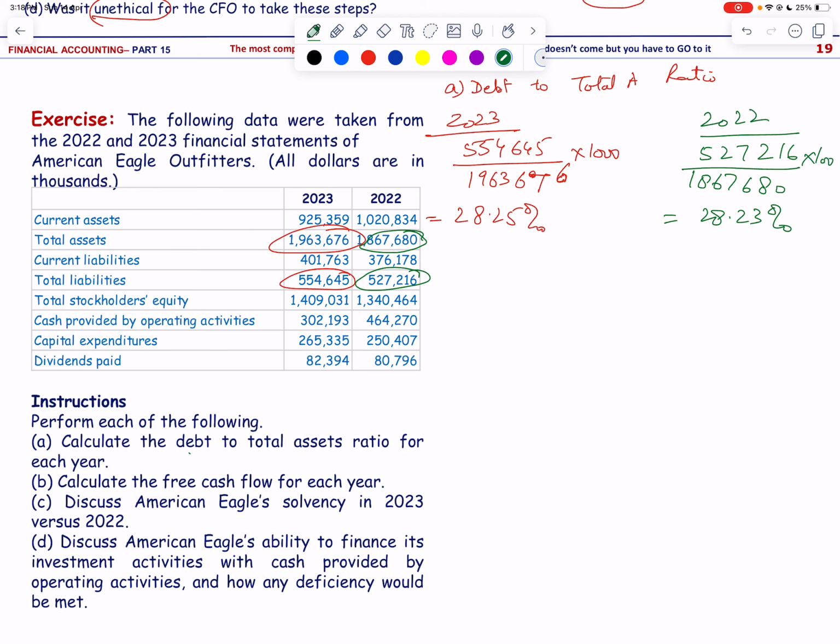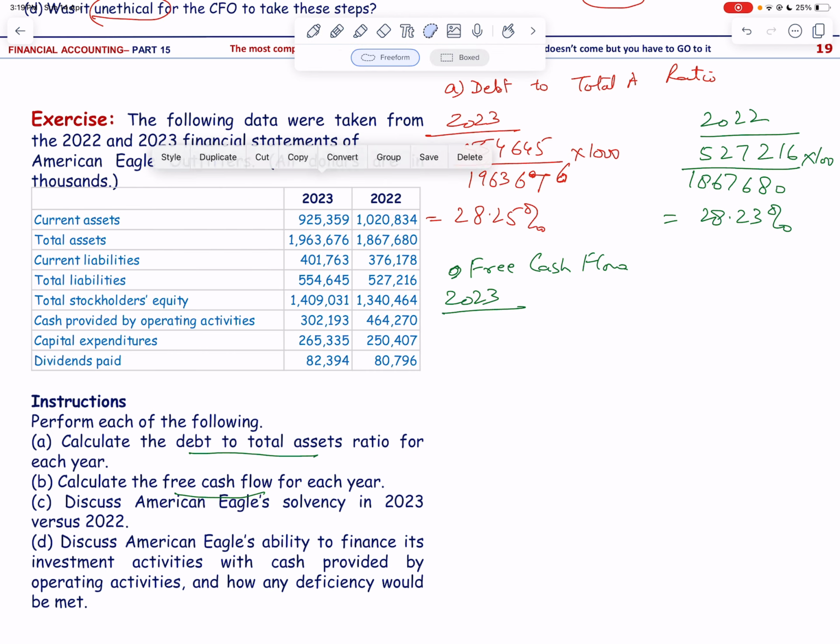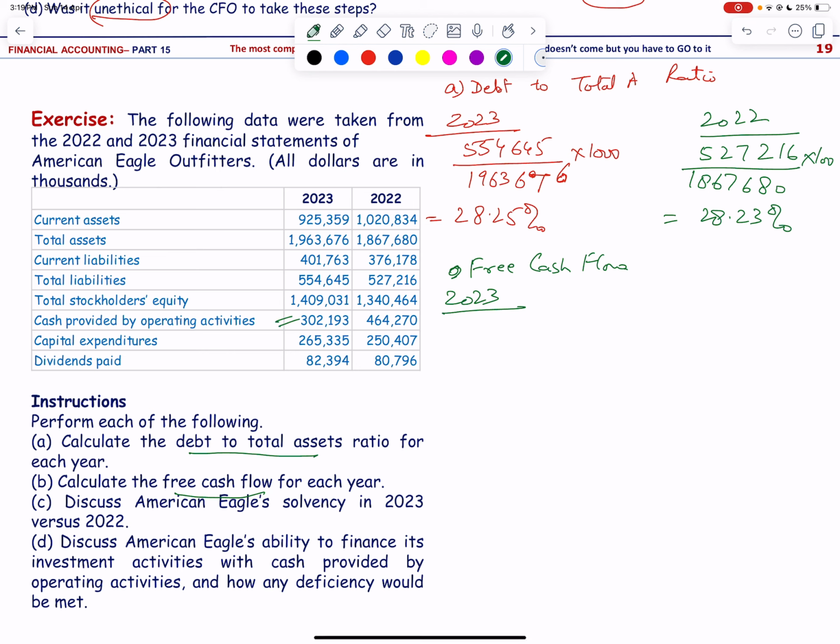So we calculate the debt to total assets ratio and calculate the free cash flow. Once again, for free cash flow, we start with 2023 cash provided by operations, 302,193, minus the capital expenditure, that is 265,335, and minus the cash dividend, that is 82,394.